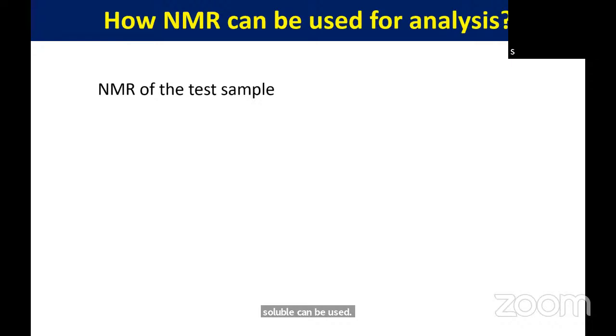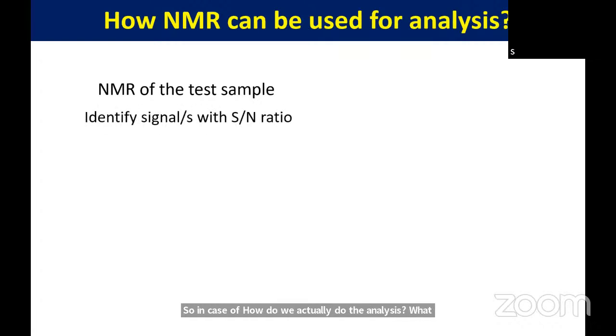So in case of qNMR, how do we actually do the analysis? What do we do? First, we take the NMR of the test sample. In NMR of the test sample, we have, let us say, just now we have seen for flavonoid, 10 signals were there. For all the 10 signals, we verify the signal to noise ratio.